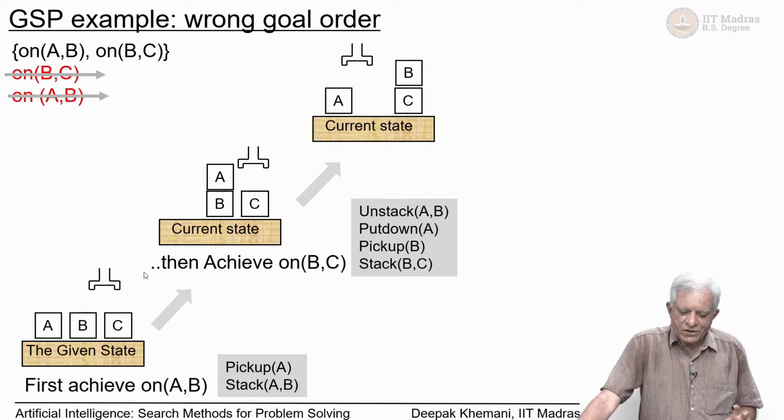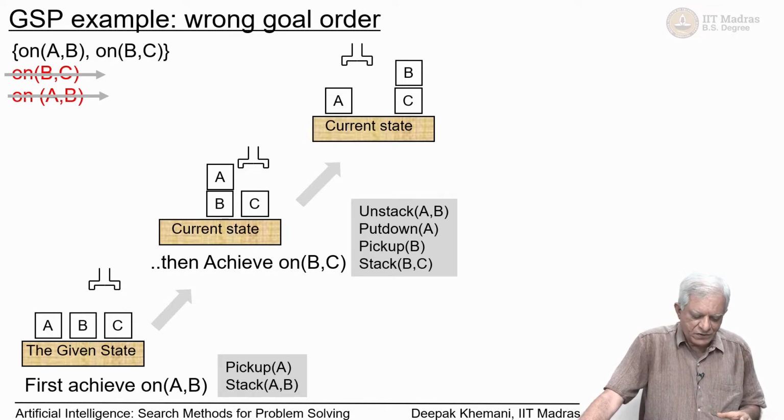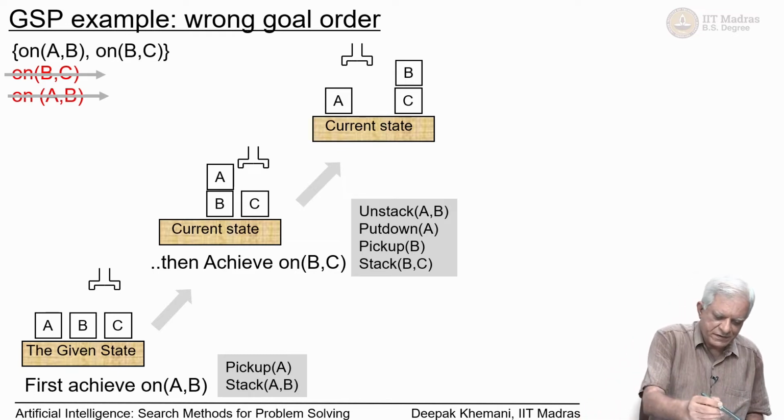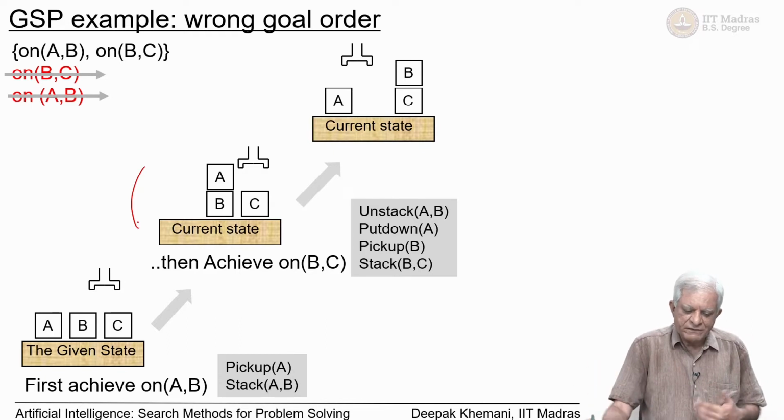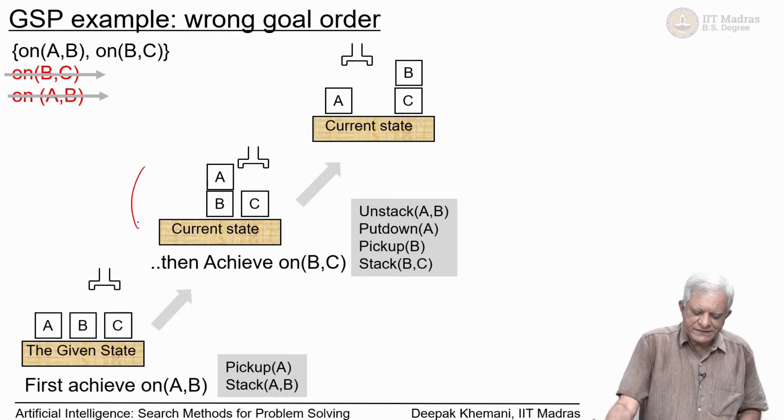So, solving the 2 goals one by one in the wrong order did not achieve the final goal. After you solve the first goal, which is to achieve on A B, you got this picture here where you had A on B. Then when you independently try to solve on B C, that is the next goal, you end up with a picture on the top where B is on C, but A is still left on the table.